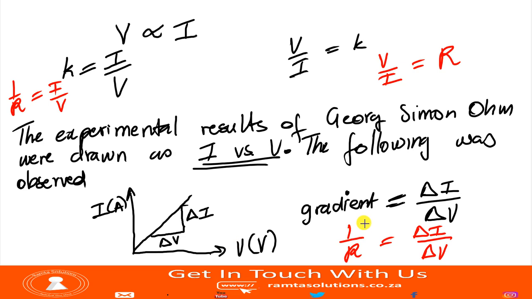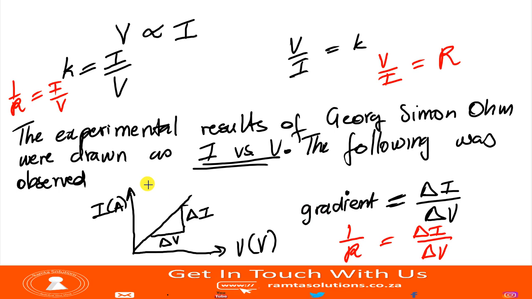You don't deal with that, so just call it 1 over R. But for knowledge base, you must know that it's what we call resistivity.